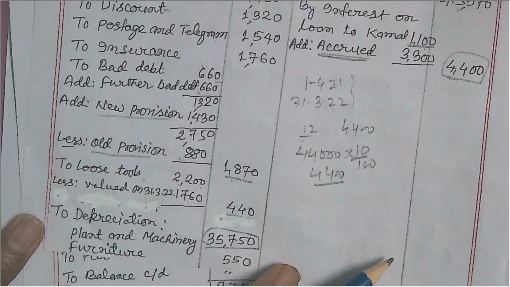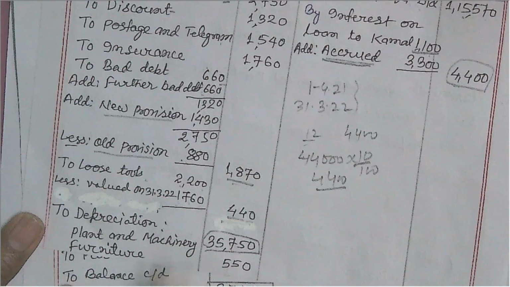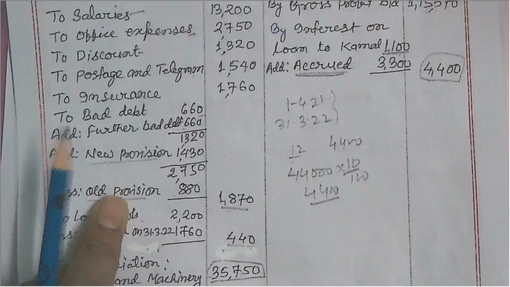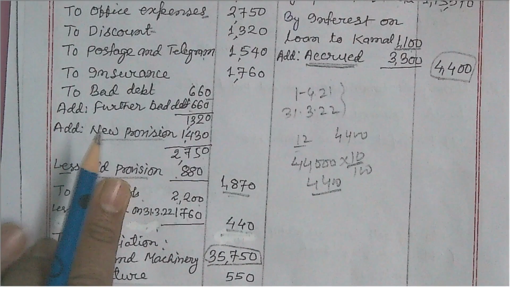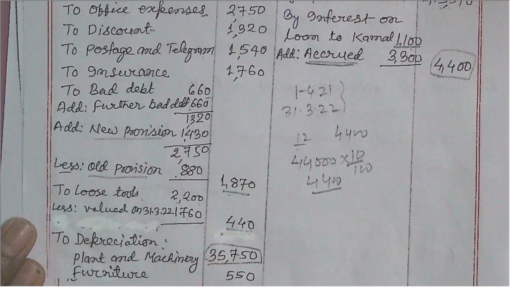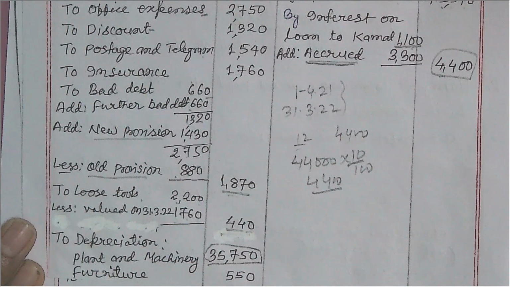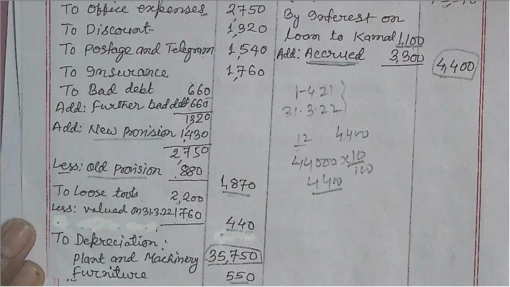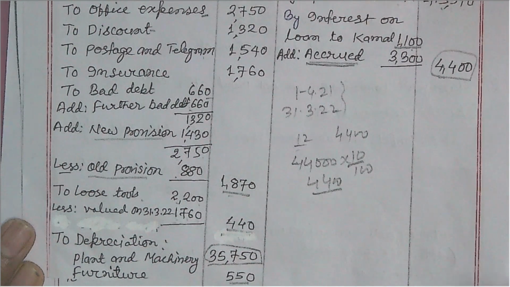And furniture is directly given at 10%. Furniture, 10% depreciation is there. It is given in the question. So 5,500 is the value of furniture and 550 is the 10% depreciation.